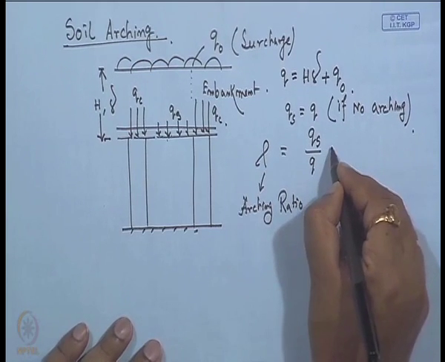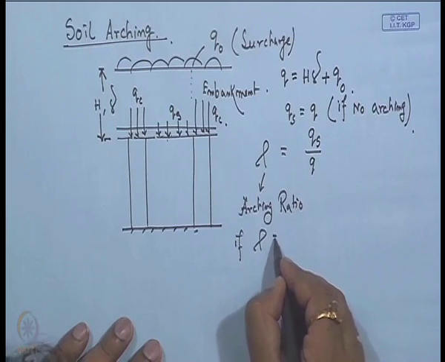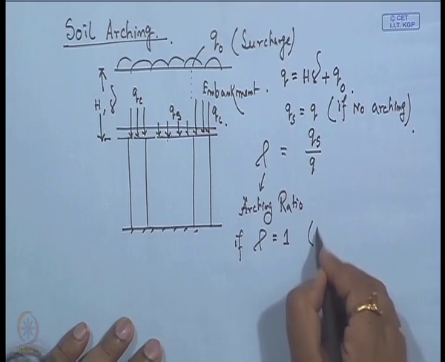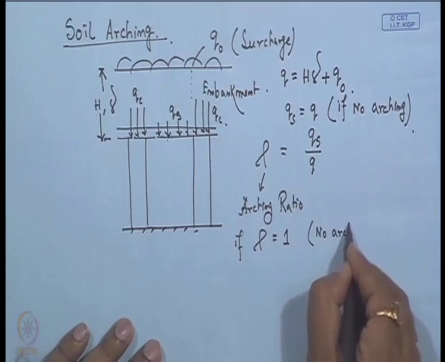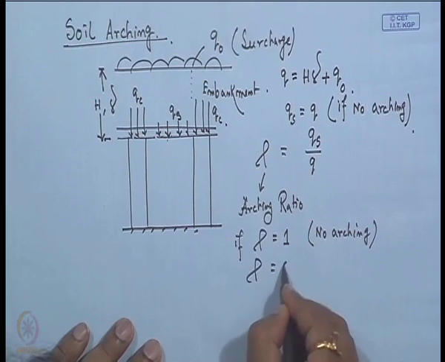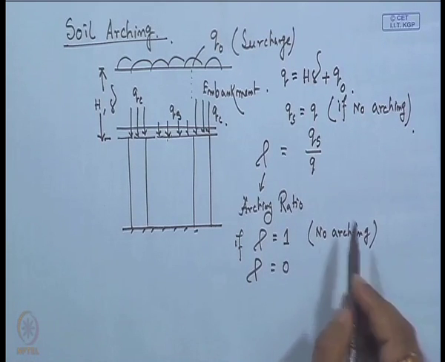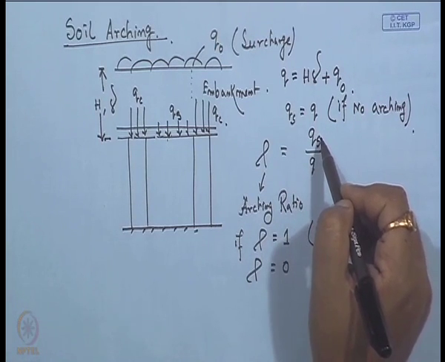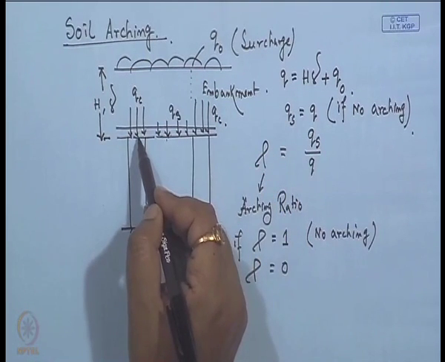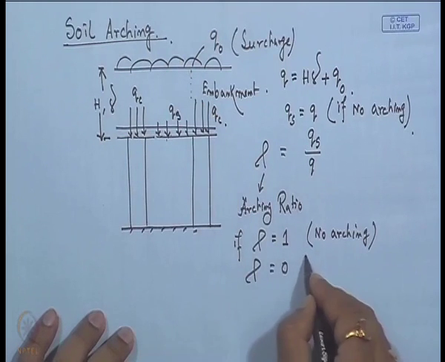If rho is equal to 1, then we can say no arching. If rho is equal to 0, meaning q_s is equal to 0, then no stress is coming on the soft soil, and all the stresses are going to the stone column, q_c, for this embankment. That is called full arching.